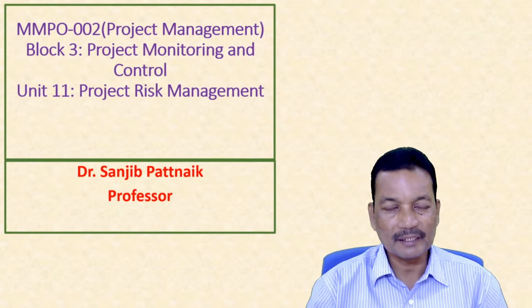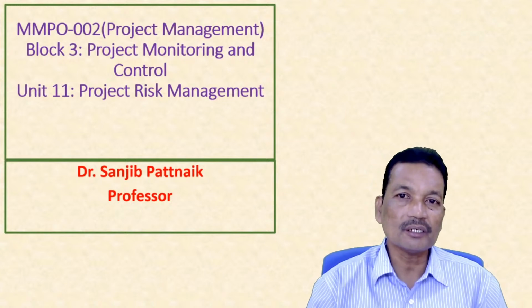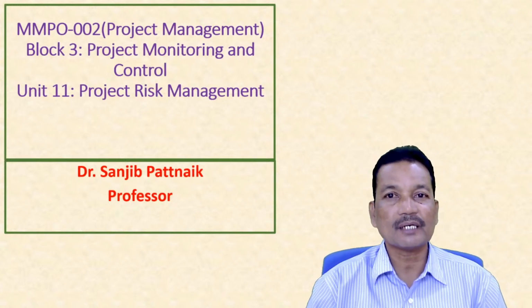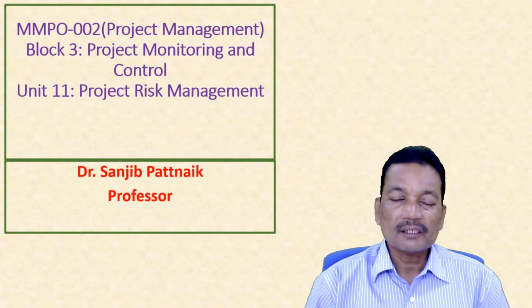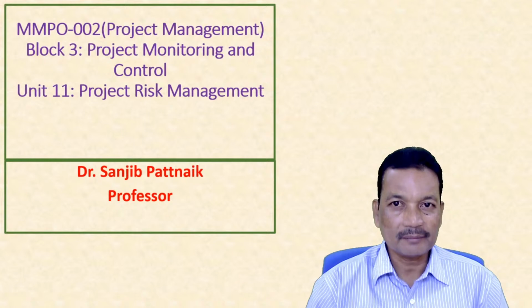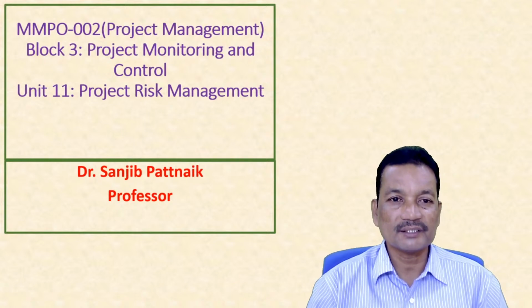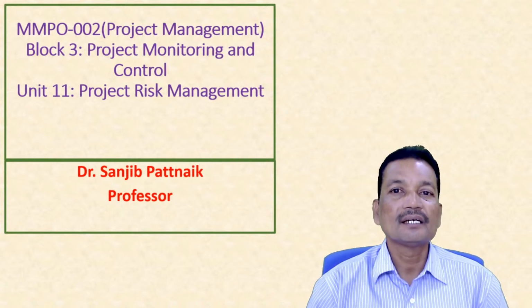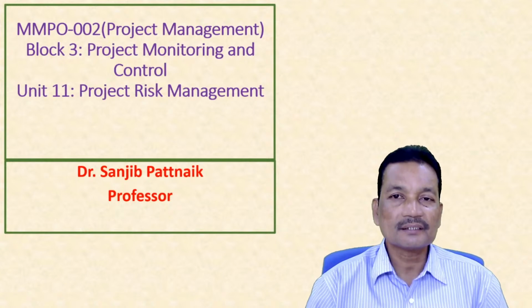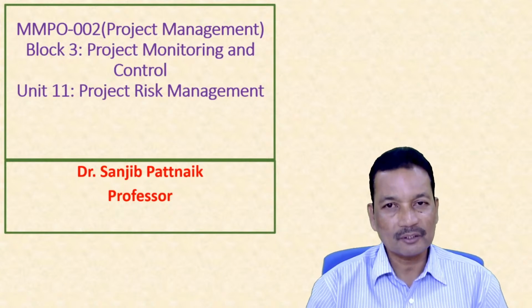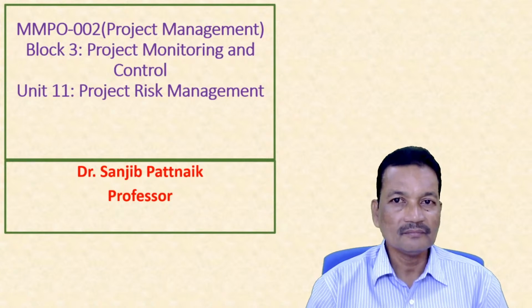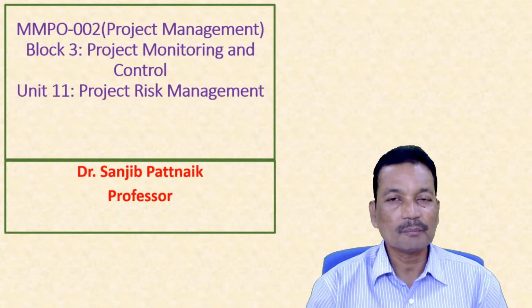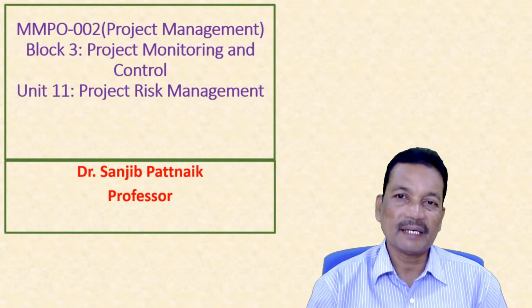That is while implementation of the project is going on or the activities are being carried out actually. We constantly monitor the progress of the activities or the project in general and the deviations, how they can be controlled, those things. Now in today's session, we shall learn about project risk management.